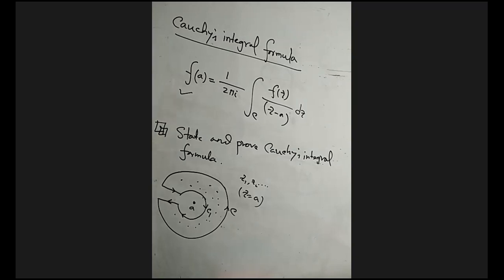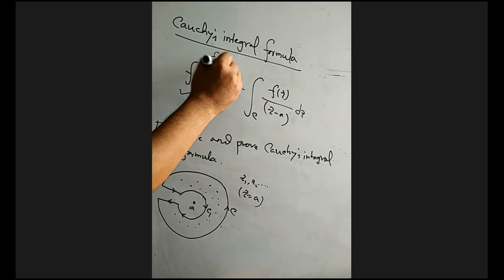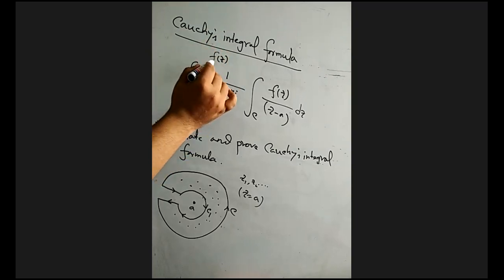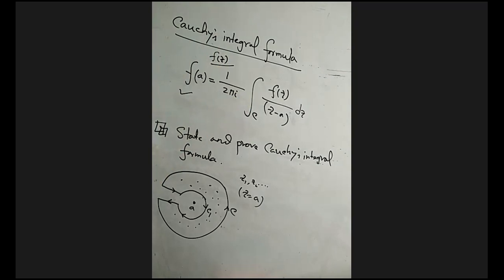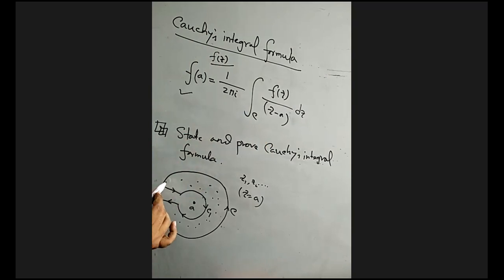Suppose we have any function f(z), which is analytic everywhere except at z equals a. So we can draw a circle C taking center a.